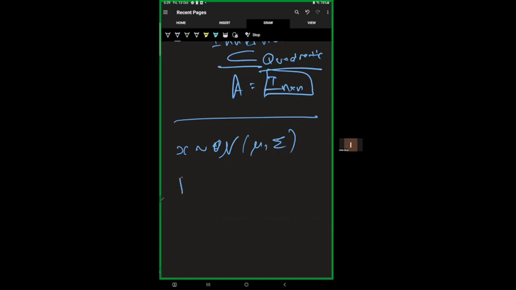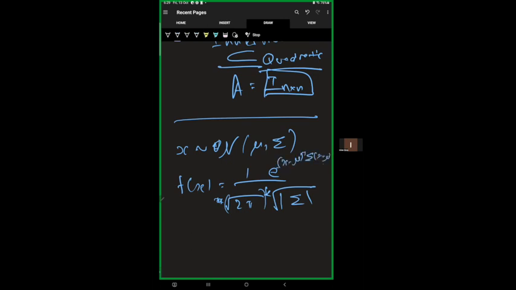Here we write f(x) equals 1 over the square root of (2 pi) to the power k times the determinant of sigma, times e raised to the power of minus one half (x minus mu) transpose sigma inverse (x minus mu).